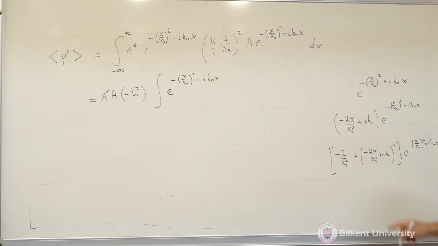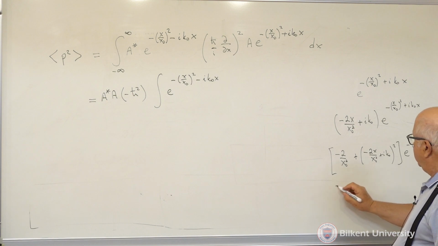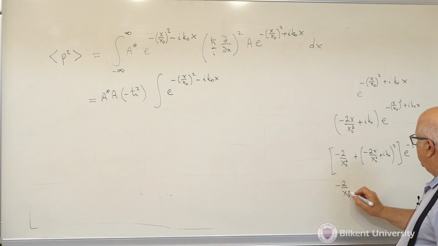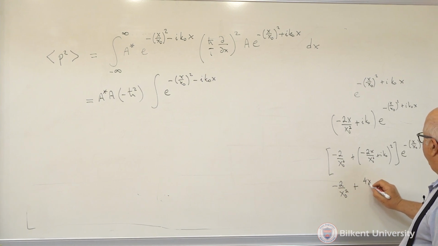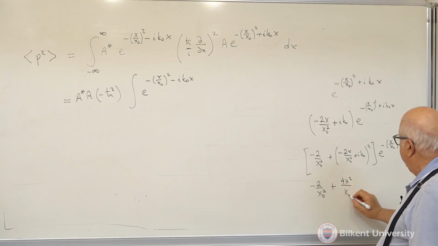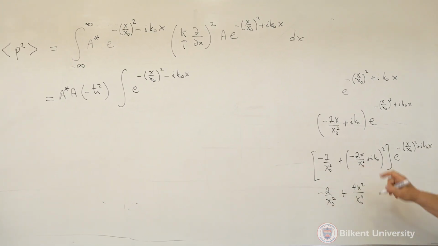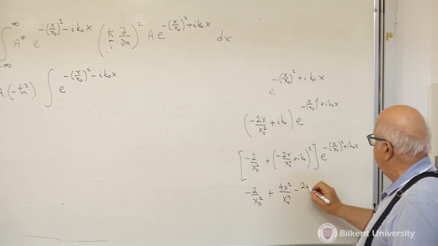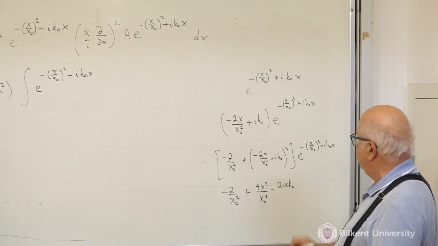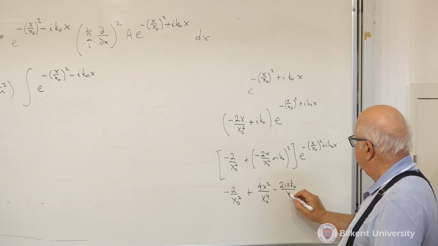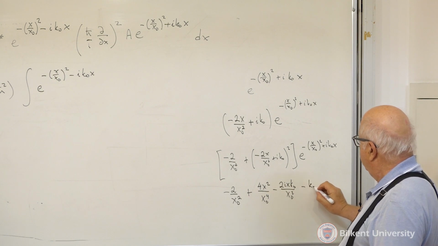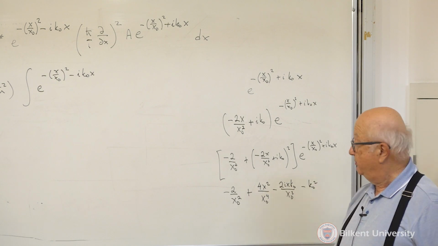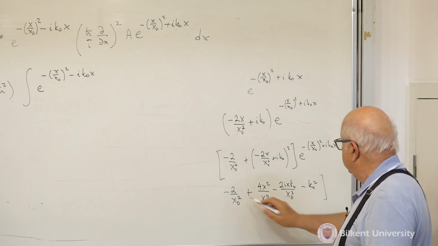All right, let me simplify this a little bit. So this is going to be minus 2 over x0 squared, plus 4x squared over x0 to the fourth. There will be a cross term, minus 2i x k0 over x0 squared, and then the square of this, which is going to be minus k0 squared, right? Is this correct? That's the bracket.